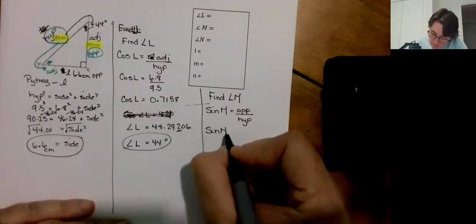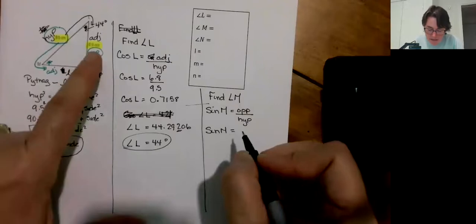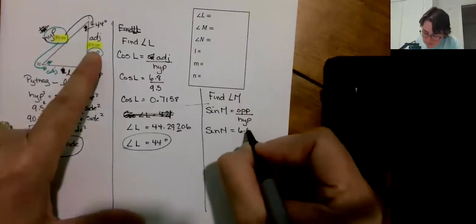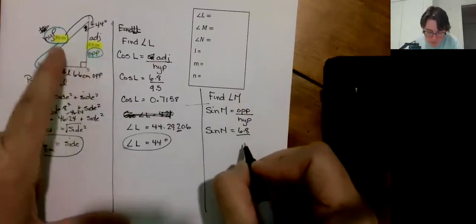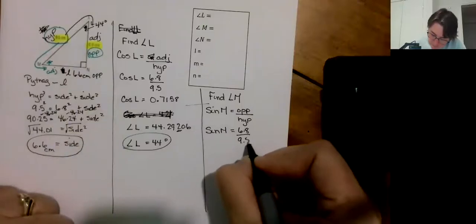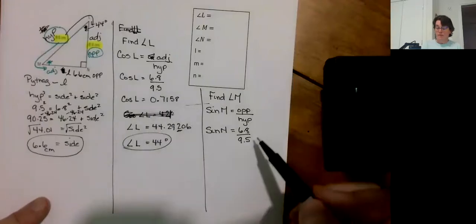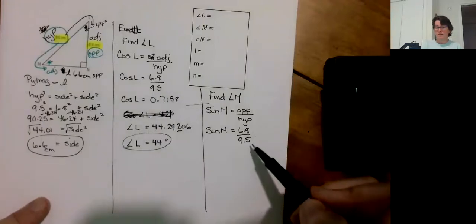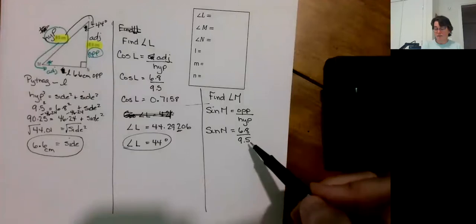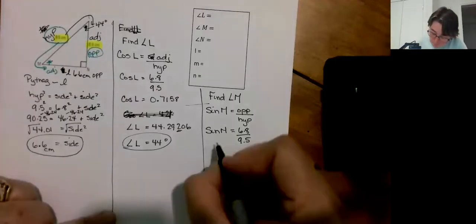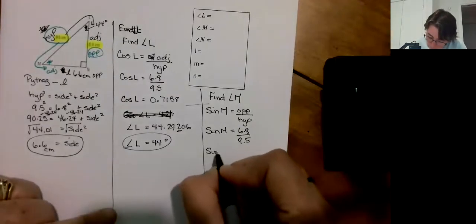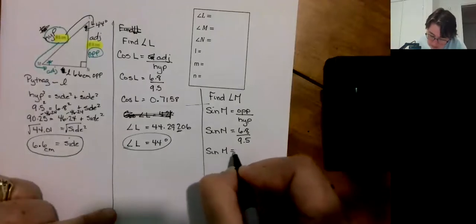Sine M, opposite side is 6.8 over 9.5. Now, if you're going, hey, wait a minute, we just did that? Yep, we did. It doesn't matter. Those numbers are still going to be the same. The hypotenuse doesn't change, so the 9.5 has to be on the bottom.